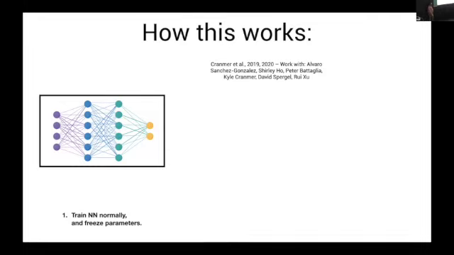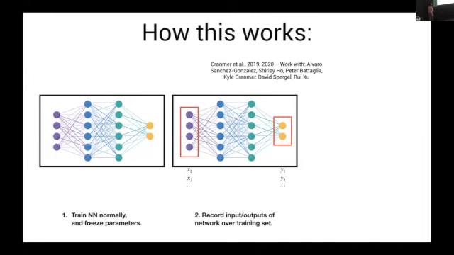Okay, cool. So you train the neural network normally, then you freeze the parameters. Then you want to see what dynamics this model has actually learned, so you feed in different inputs from the training set.